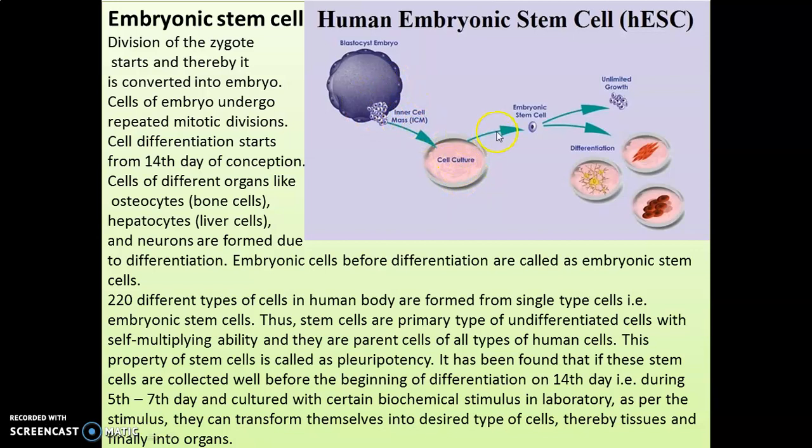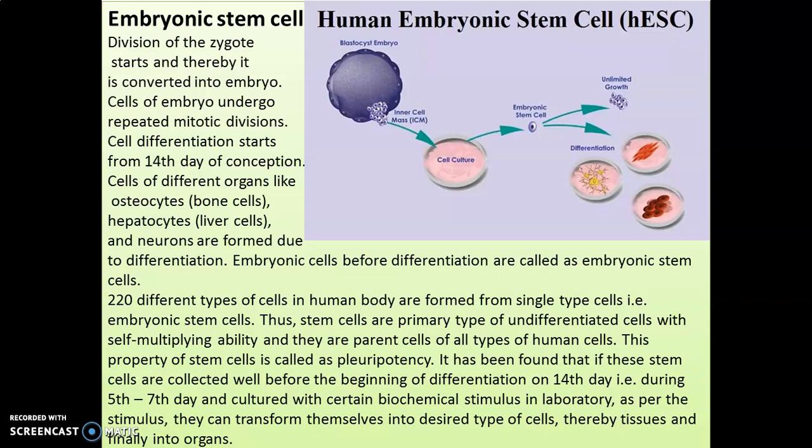So as you can see, these are embryonic stem cells, and later on they can be differentiated into various cells. 220 different types of cells in the human body are from a single type of cell, that is the embryonic stem cell.